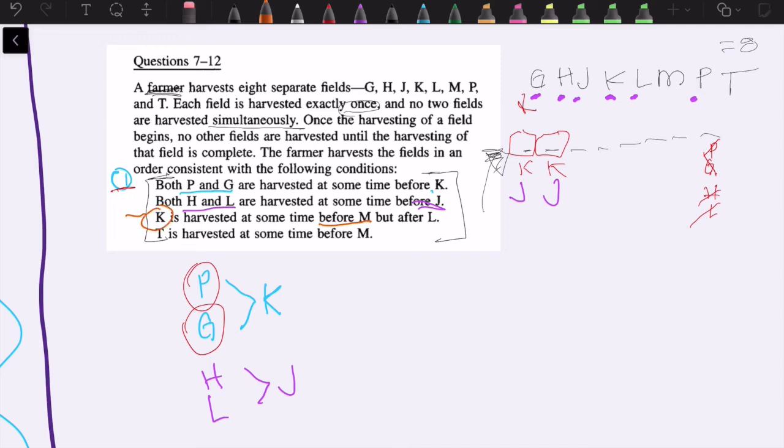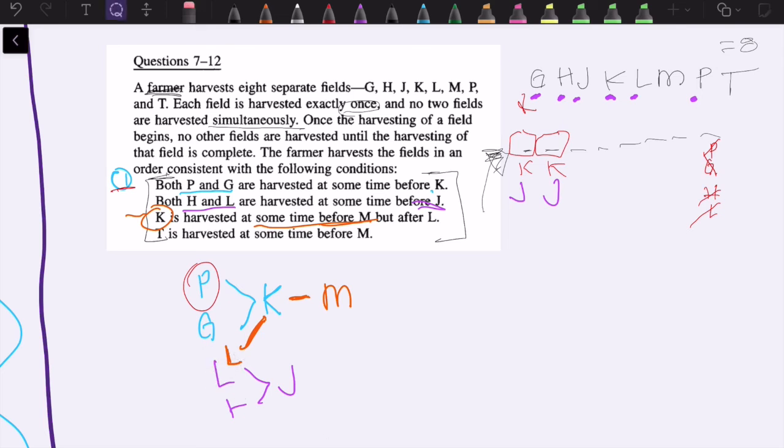So we're saying K is before M. So let's start with that one. K is before M, but then it comes and says, but after, so K is after L. So we know that L is going to come before K. And so this is why I would use pencil on my test, and all I would do here is change my diagram a little bit by where I have my L, I would just switch it with my H like this so that I don't have to redo anything.